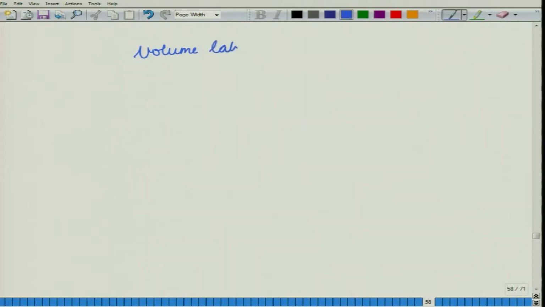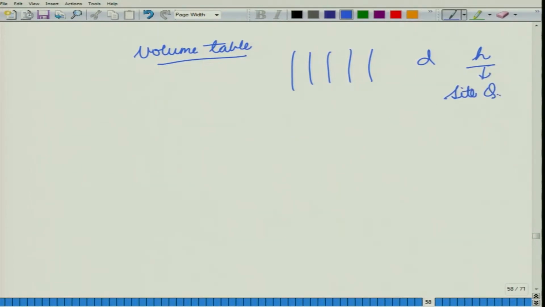Now, a volume table gives you the volume of a stand in terms of the number of trees, that is the stand density, the diameter and the height, or the site. The height is also calculated from the site quality.